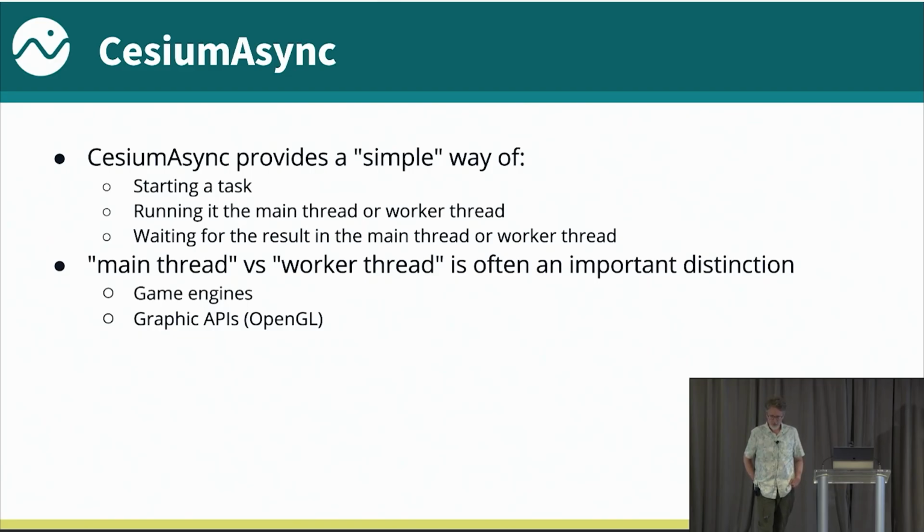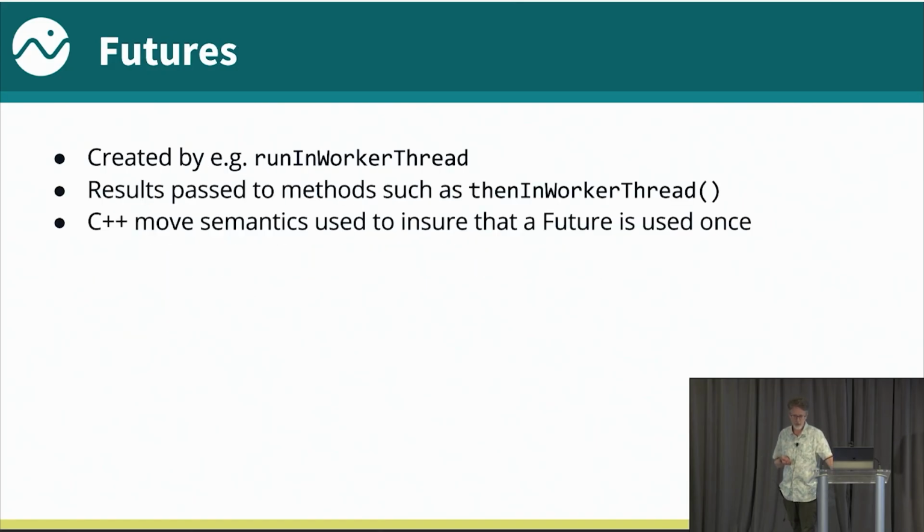And in Cesium for Unreal, where this library was originally written, there's a whole bunch of things that just shouldn't be done off in worker threads. They have to be done in the main thread. And for that, we provide this big distinction between things that happen in the main thread and things that happen in a worker thread. Other systems care much less, and it really is up to the author of an integration what to do in these, but that's where things get done.